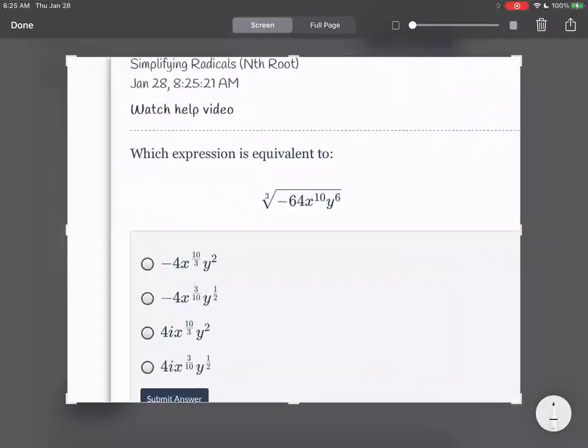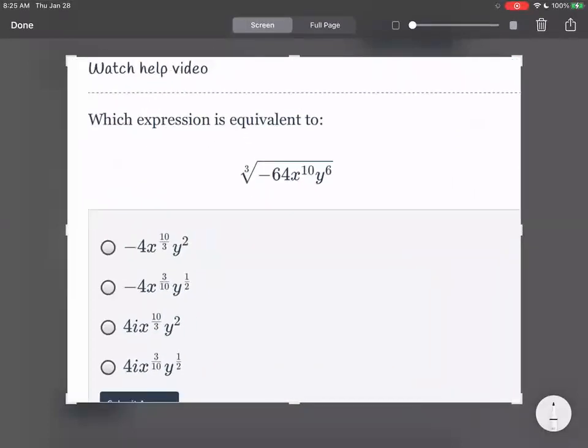So we got another negative, but I also want you to notice that this is a cubic root. So if you're doing an odd root of a negative, you don't need to have an i. I'll just write that out just in case.